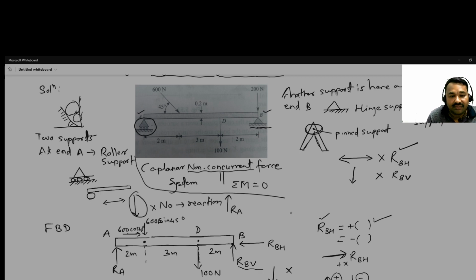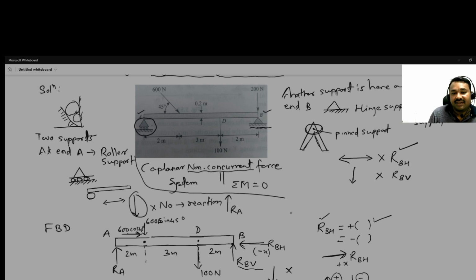Okay, you can see, to balance this, the reactive force, the horizontal force which we have taken in positive x direction and this is in negative x direction.